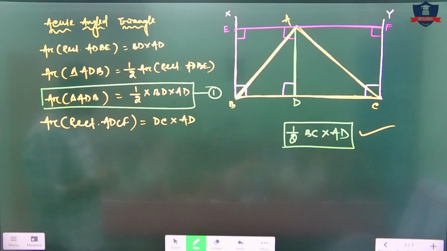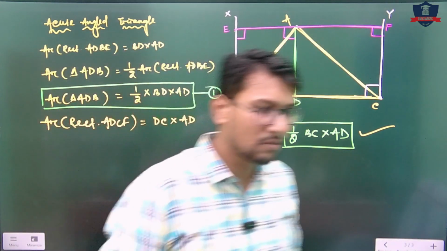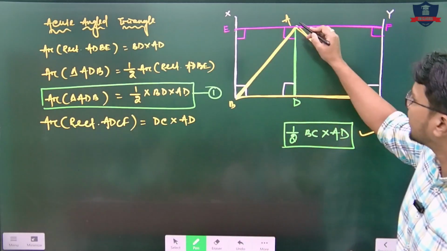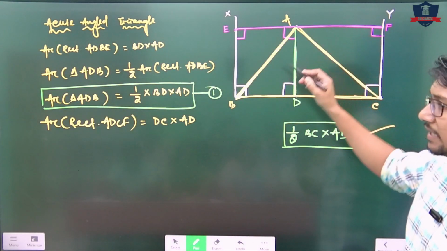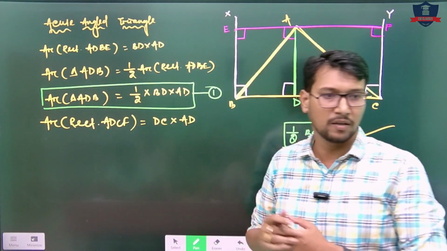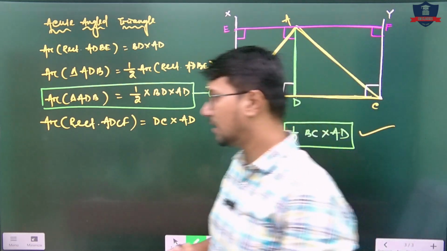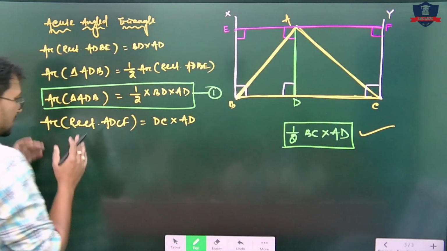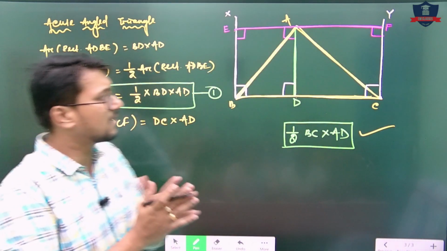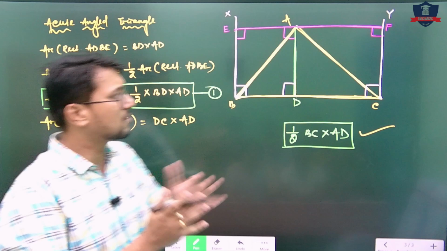Okay. Now check, children. Similarly, this rectangle's diagonal also divides it into two congruent triangles. So what is the area of ADC?